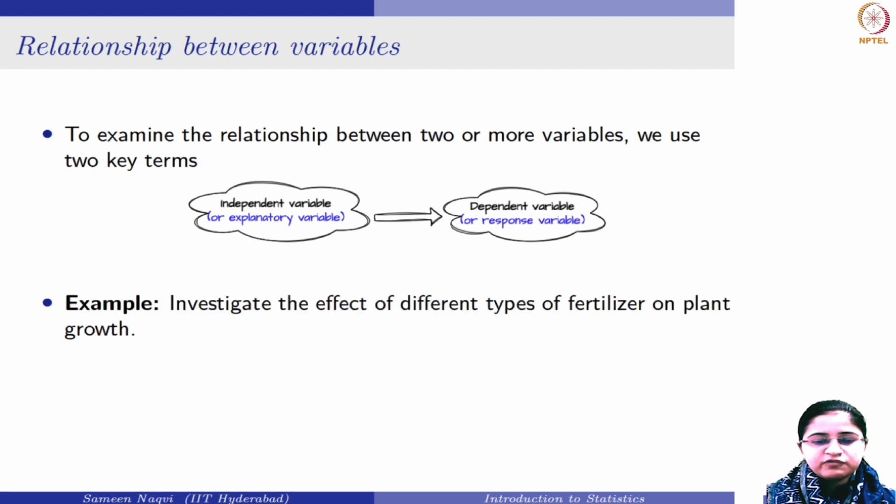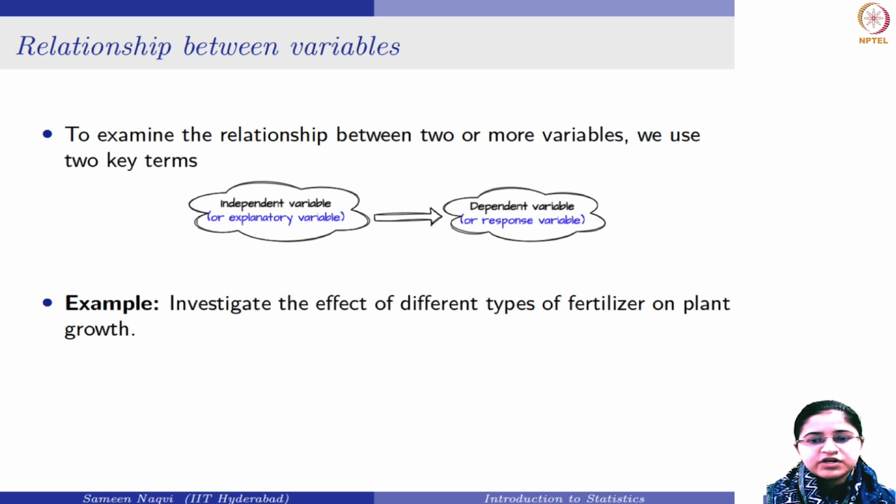So an example for this can be, suppose you want to investigate the effect of different types of fertilizers on plant growth. Now here, types of fertilizers can be of various types, right? And it is also under your control. You can choose different types of fertilizers and based upon it, you can go ahead.